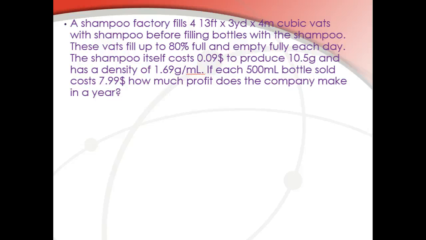My conversion factor here is $0.09 for every 10.5 grams. So using that, I can get my cost per day, and then I can multiply that by 365, or I can figure out how many bottles I have. There's just a lot of different ways to approach the problem, but the point is, approach it logically, one step at a time, and it's really not that bad to get the answer.